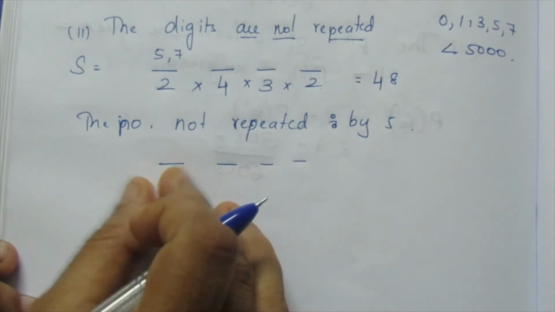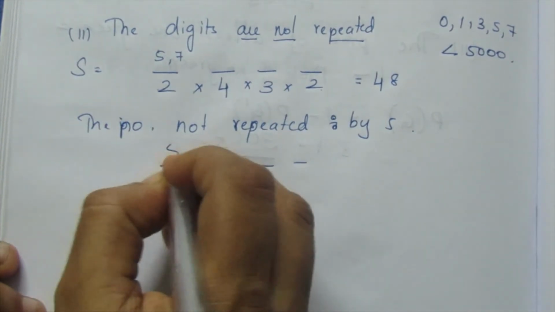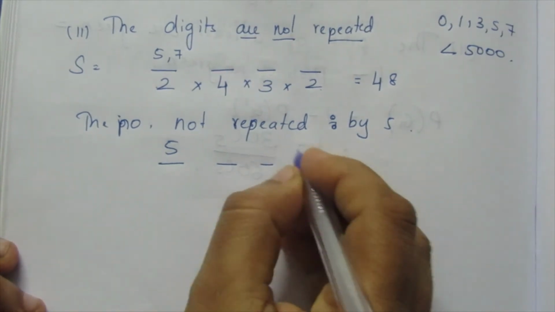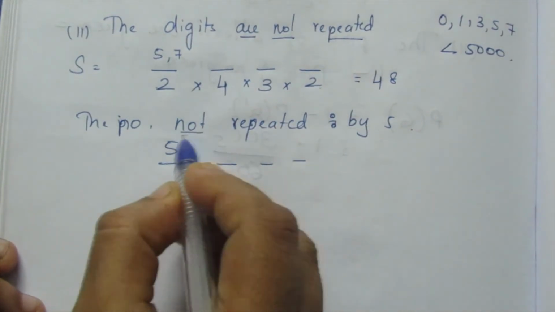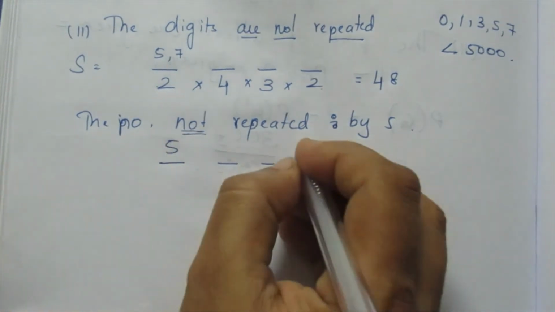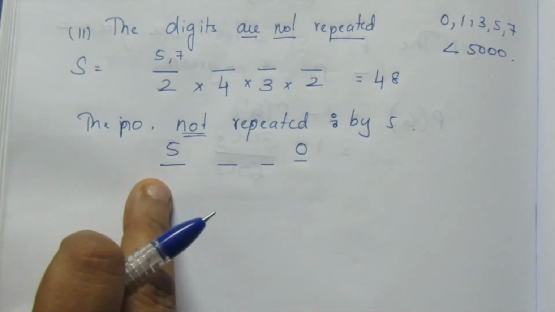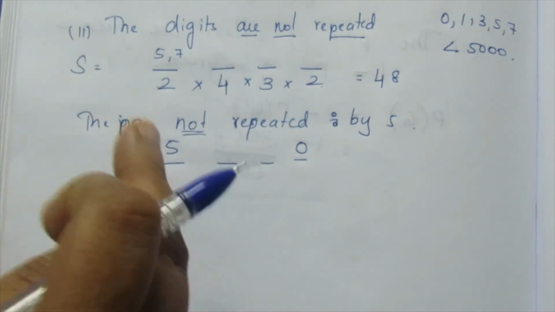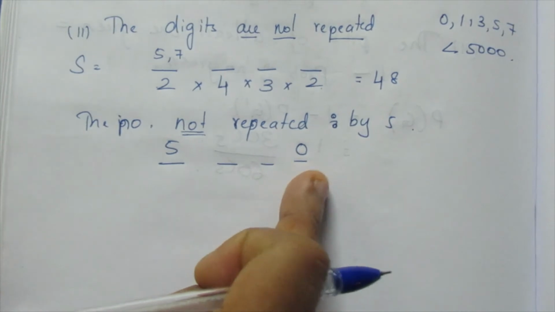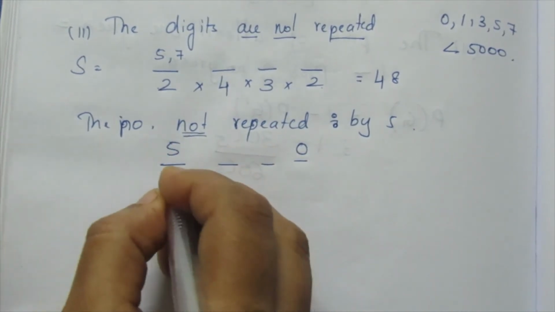The first number can be 5 or 7 only. If I fill my first number as 5, then I can't write 5 here, because here the numbers are not repeated. 5 will not repeat again. So the number will be 0 only if it is 5. So if I take my first number as 5, I have only one chance of writing 0 here. So this is one way.